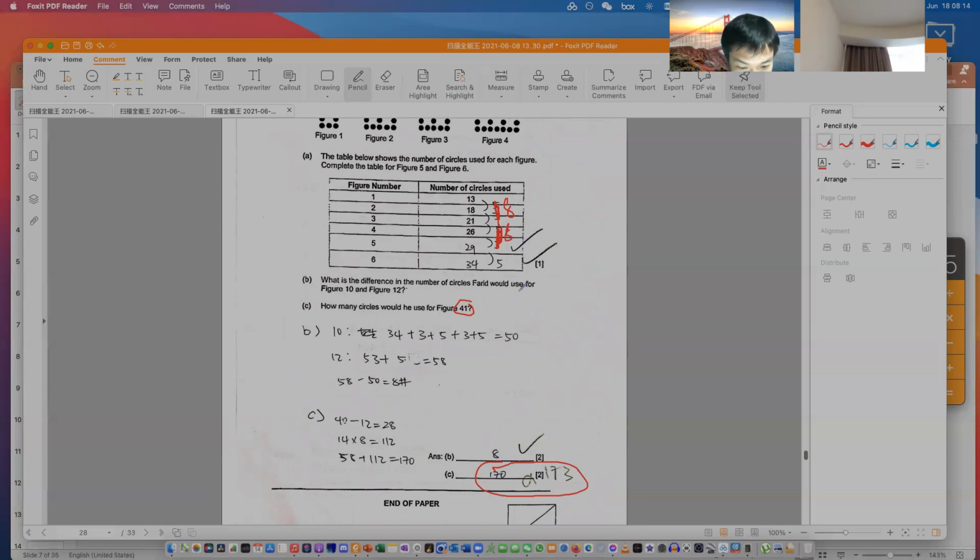So basically what you do is figure 1 is 13, then figure 3 is 21. So every 8. So figure 5 is 29. Right? So they ask for figure 41.